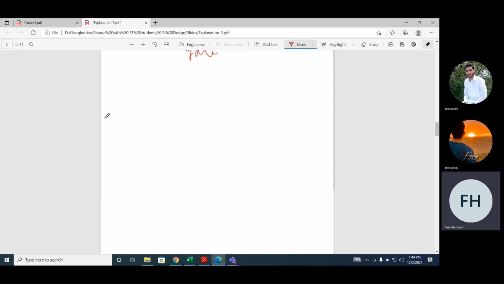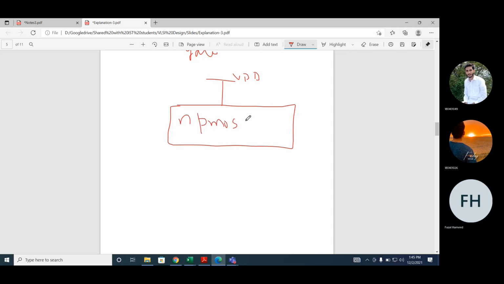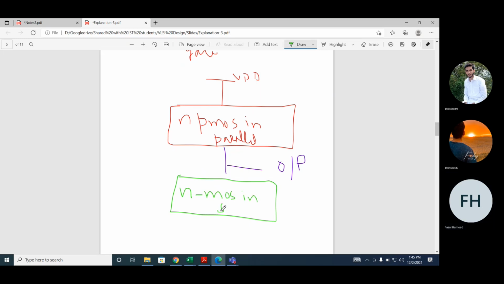We have a pull-up network from VDD with N PMOS in parallel, then the output, then N NMOS in series, and then it is connected to ground. So this way we can implement a NAND gate.